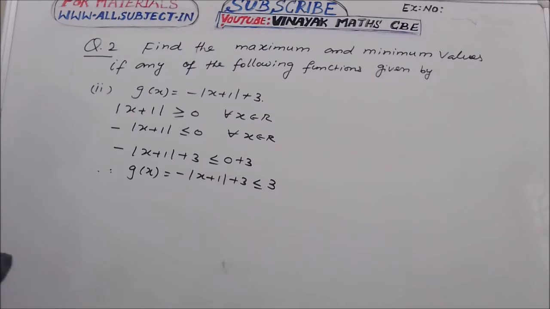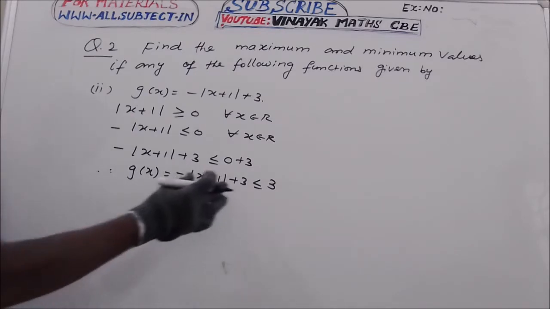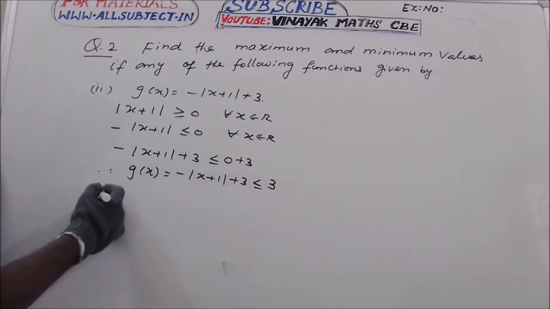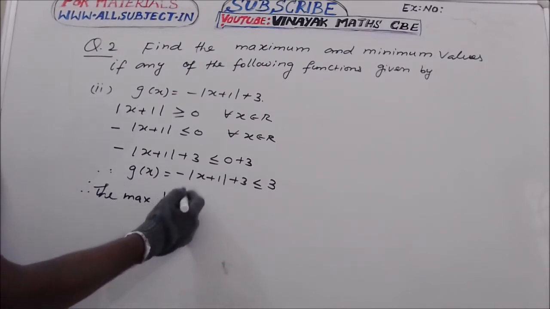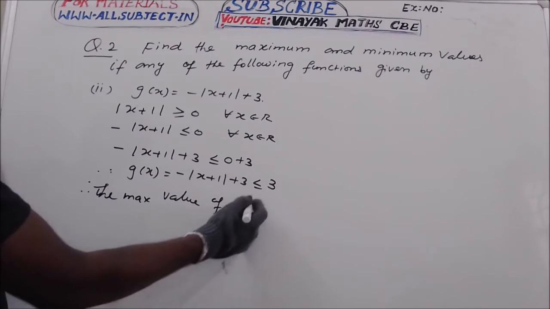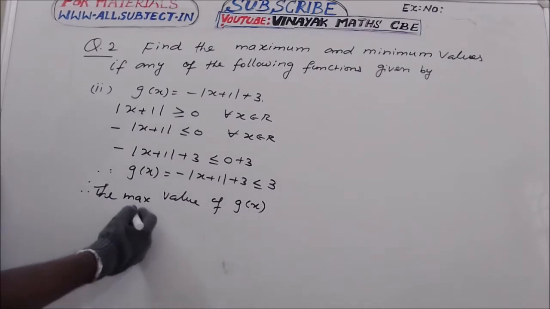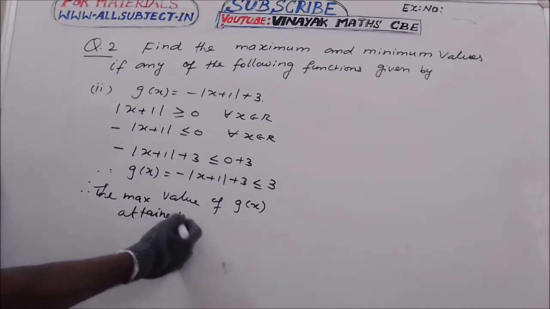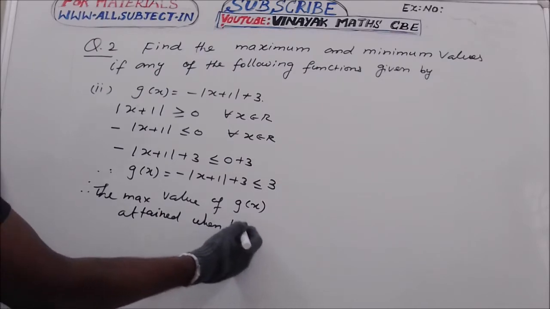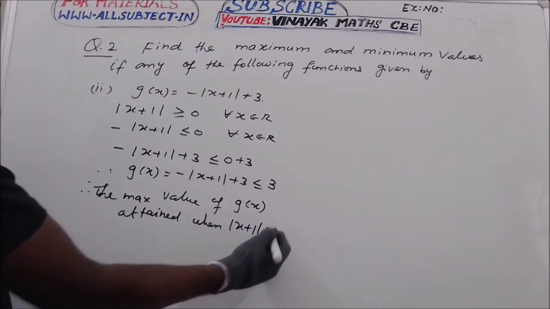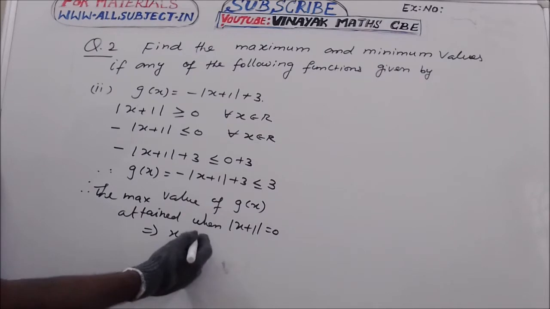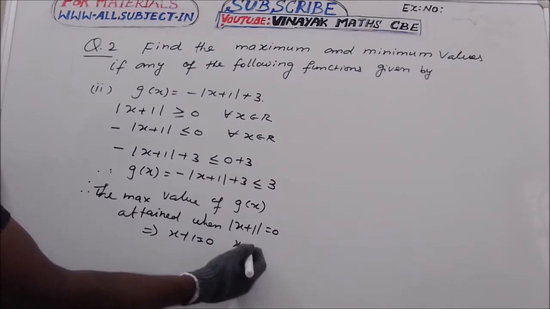Therefore, the maximum value of g of x is attained when modulus of x plus 1 equal to 0, which implies x plus 1 equal to 0 and x is equal to minus 1.